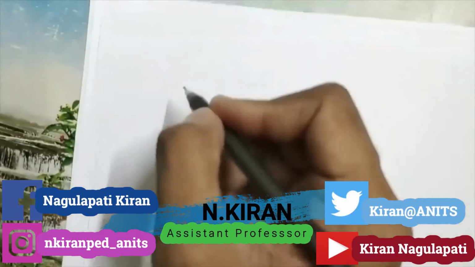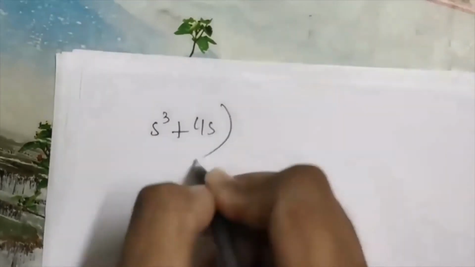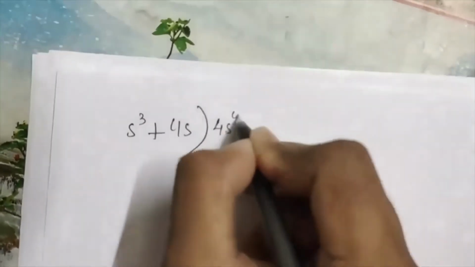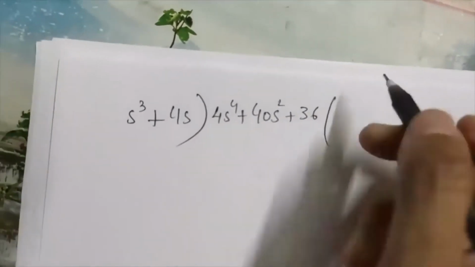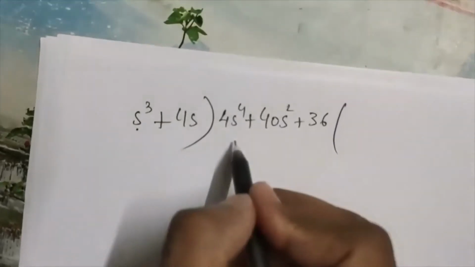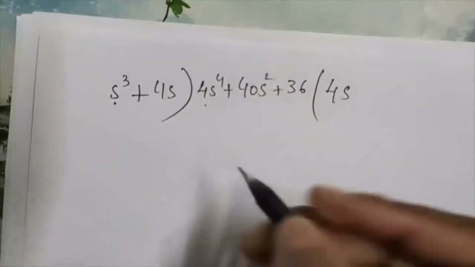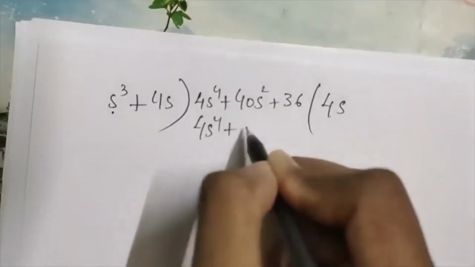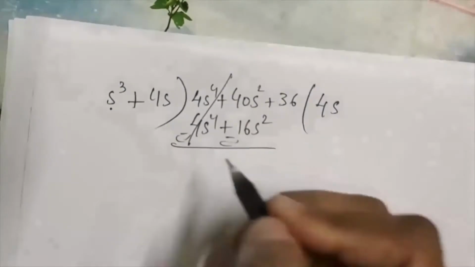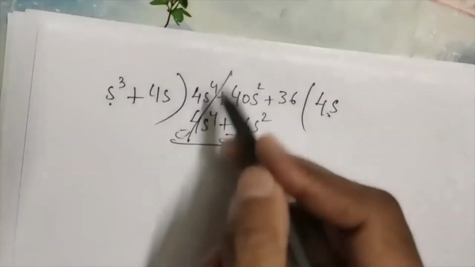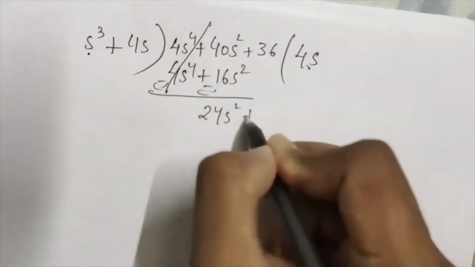S cube plus 4S and 4S power 4 plus 40S square plus 36. Since I have S cube but I want 4S power 4, multiply by 4S. So you will get 4S power 4 plus 16S square. Always multiply with the term such that in every step the first term gets cancelled. So you get 24S square plus 36.